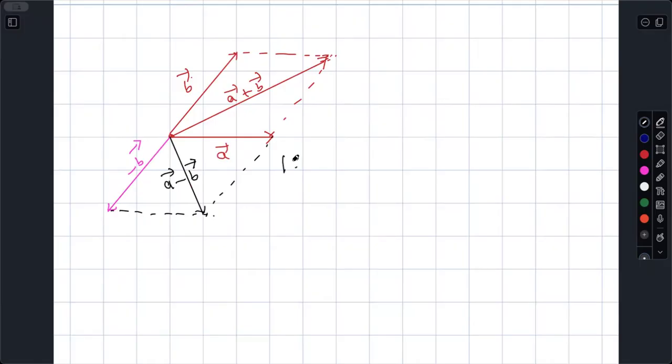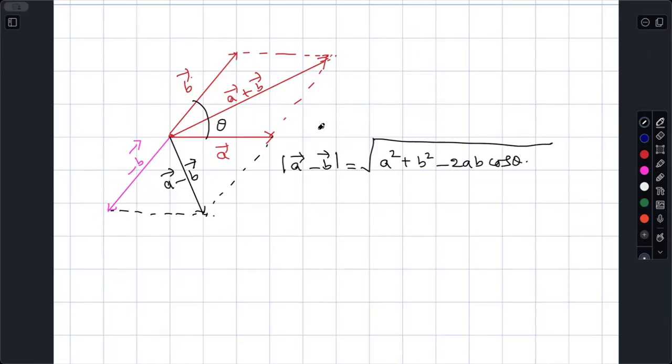So what is the expression for the magnitude of A bar minus B bar? I am assuming the angle between A and B is theta. A bar minus B bar magnitude is simply square root of A square plus B square minus 2AB cos theta. That's it.